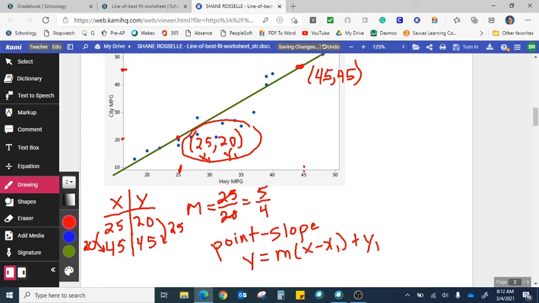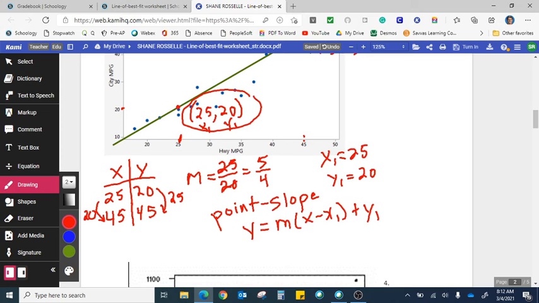So I'll just go ahead and write them down. x1 equals 25, and y1 equals 20. So if my slope is 5/4, then I'm going to go ahead and plug in all the stuff that I know. So I'll write it up here. y equals, instead of m, I'm going to put 5/4.